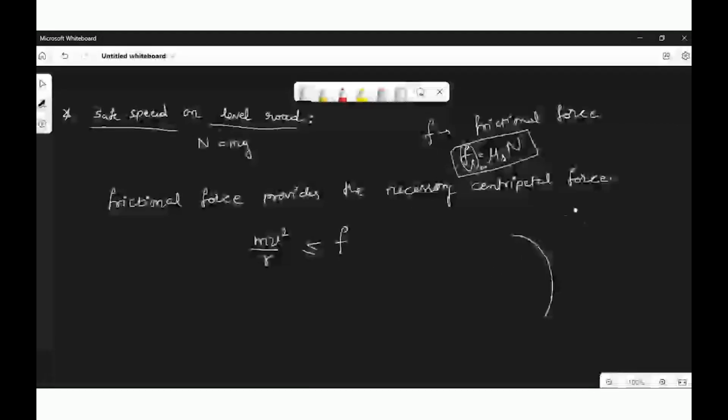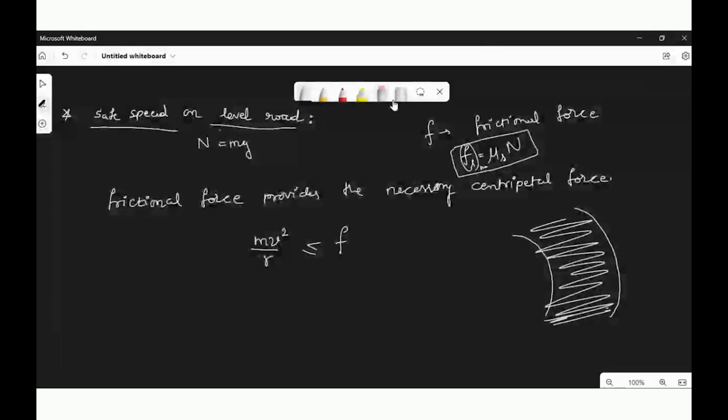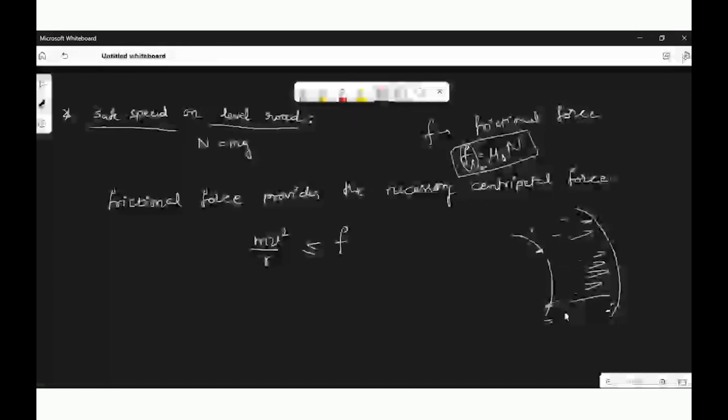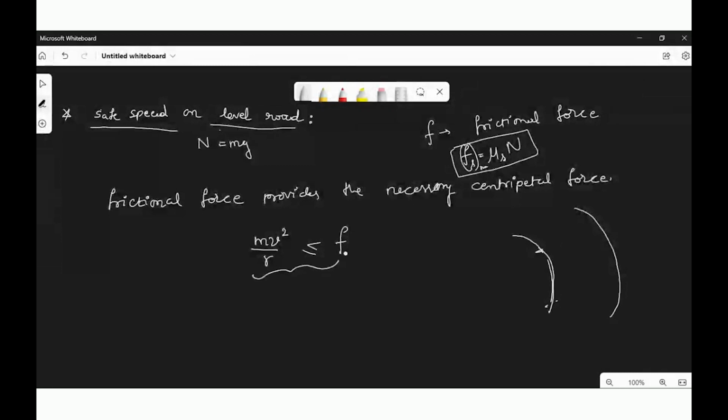Now see here. We are moving on a leveled circular track, this is a leveled road; we have not banked the road. In that case, if your centripetal force is more than the frictional force, what will happen? I'm writing that the centripetal force is less than or equal to the frictional force.